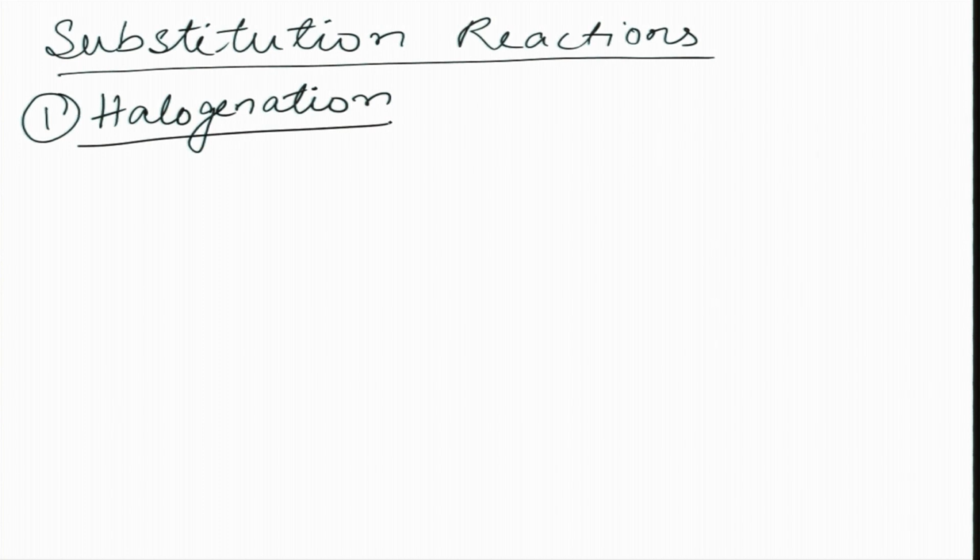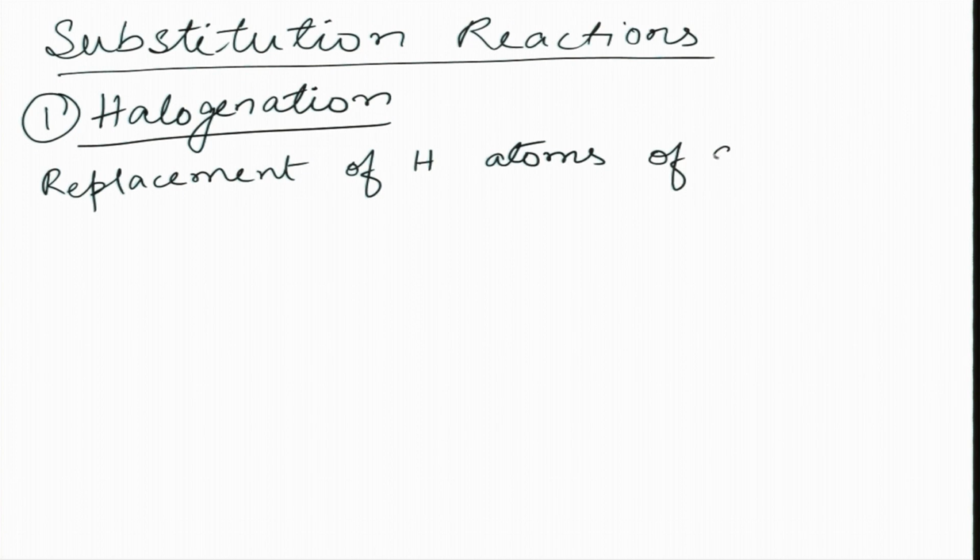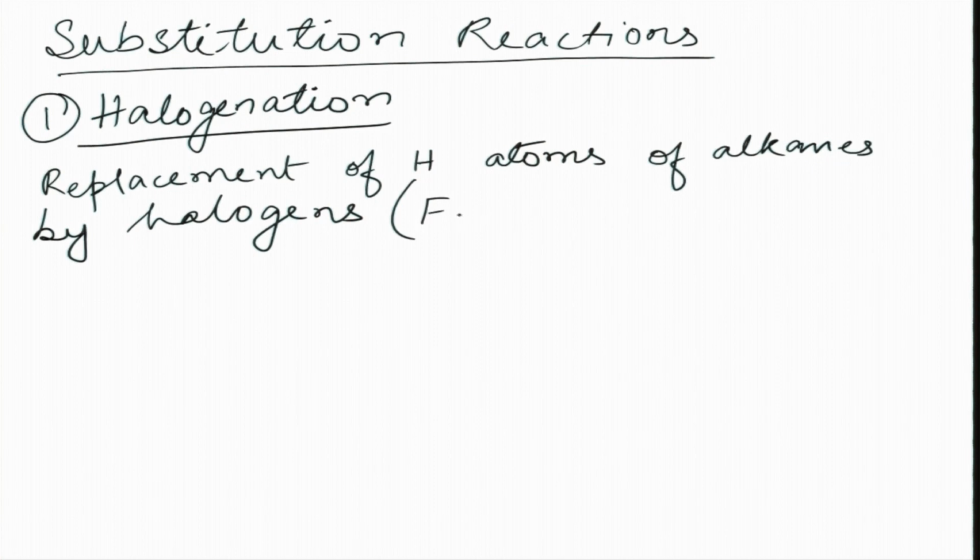Halogenation means replacement of hydrogen atoms of alkanes by halogens. What are halogens? Fluorine, chlorine, bromine and iodine.